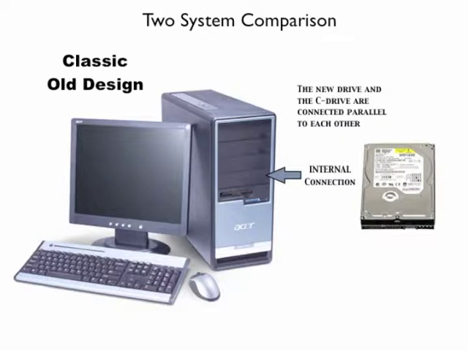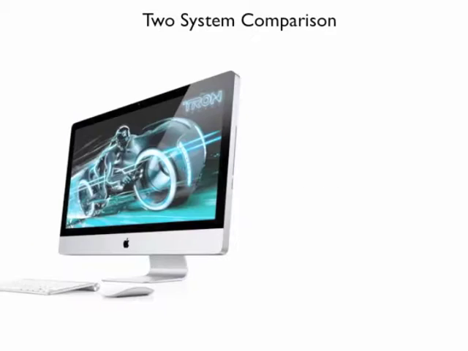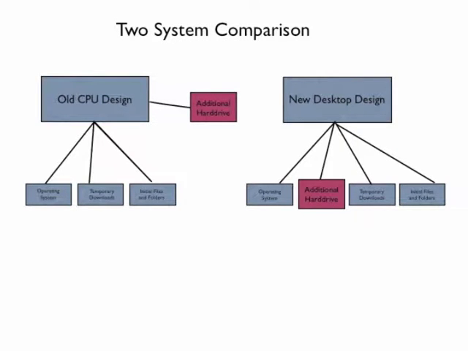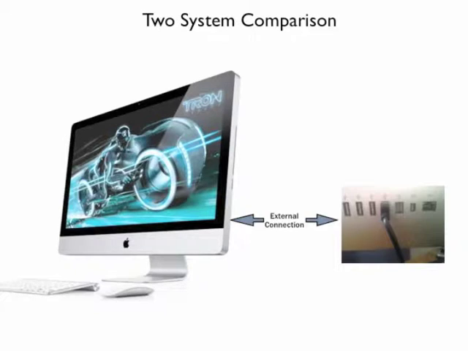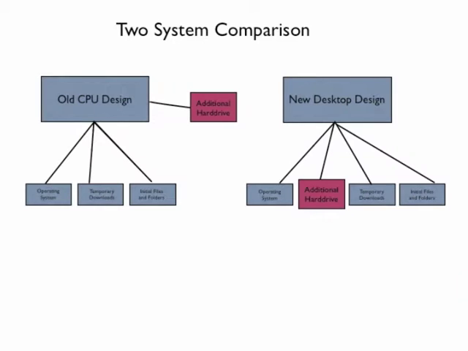So anything in the C drive is partitioned away from the new hard drive that's coming into this computer. But currently with the new desktop, if you look at the back of it, everything connects externally through the USB. So that means the extra additional hard drive is connected in a parallel system to the operating system. It's connected on the same level, basically.